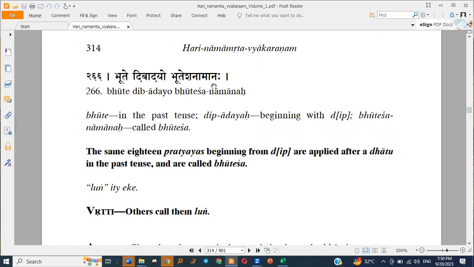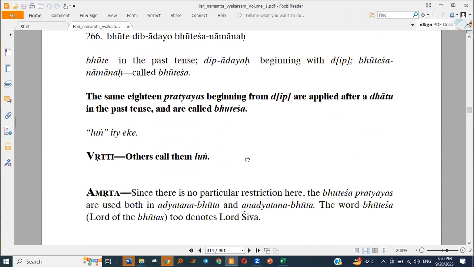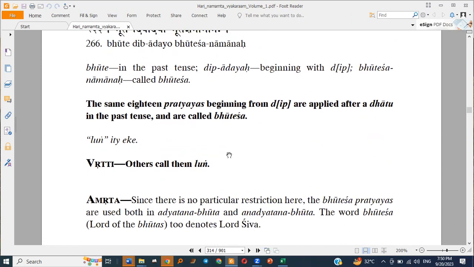Bhute Dipadayo Bhutesha Namanaha. The next 18 pratyas are also applied in past tense and they are called Bhutesha. These pratyas can be used both on the same day, for example, I ate lunch prasadam. Now it's evening, so lunch was in the afternoon, few hours ago.